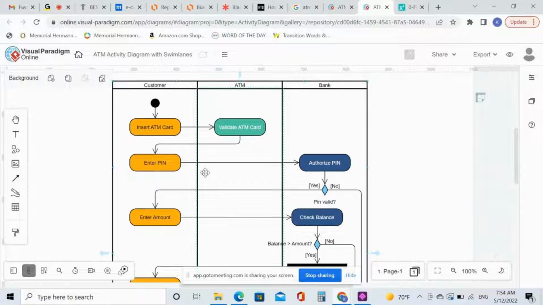Then the user is able to withdraw the amount after a successful transaction, after authenticating the username, ATM pin, and the account balance. There's a flow chart of a customer, ATM, and bank. If I have to explain, I'll say this, okay?